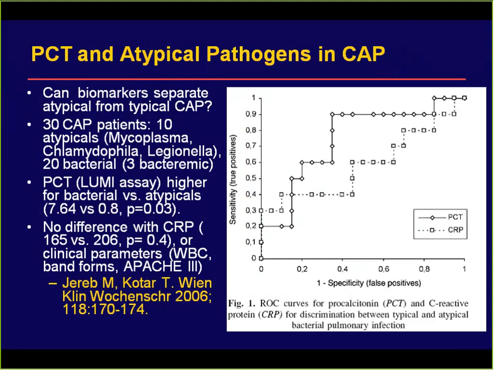One of the questions has been, it seems clear that procalcitonin can tell you when there's a bacterial infection, and low levels are present when there's a viral infection. What about atypical pathogens? And there, it's not perfect. It's good for identifying the atypical pathogens you don't need to treat, but maybe not 100%.